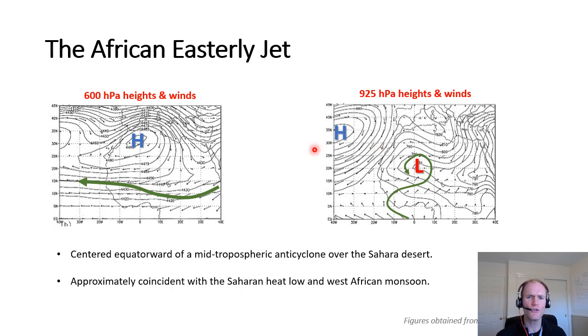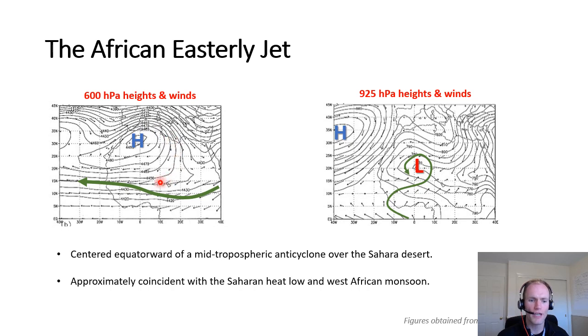We can see this in terms of planar views as well. Here's a snapshot of 600 hectopascal heights in the black contours, every 10 meters in this case, so not a standard contour interval, as well as the vector wind. And I've added in the green arrow from the previous slides to denote the African easterly jet. We have a broad anticyclone that's centered over northwestern Africa here on the northwest side of the Sahara Desert.